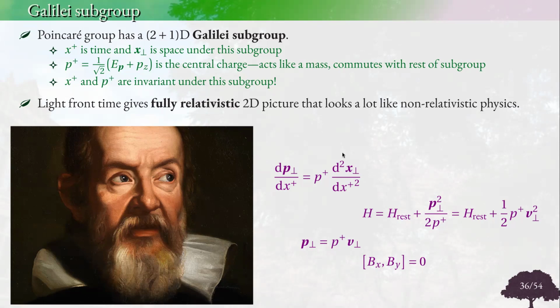You have things that look like Newton's laws, a kinetic energy formula, something that looks like P equals mv, except you have a P plus instead of an m. You have commuting transverse boosts. Very Galilean, very non-relativistic looking, but this is all exact and fully relativistic.